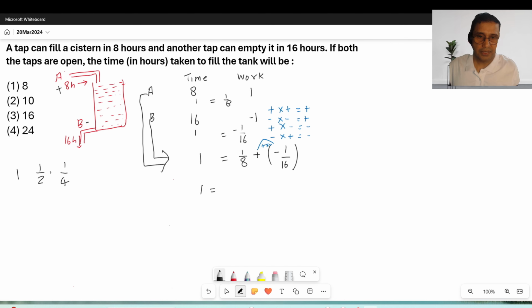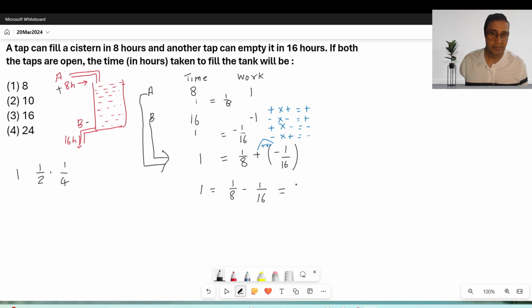So work done in 1 hour will be 1 by 8 minus 1 by 16. Now another concept: LCM, least common multiple. When we add or subtract fractions, we need to take the LCM of the denominators. LCM is the least common multiple, the smallest number which is divisible by both denominators.